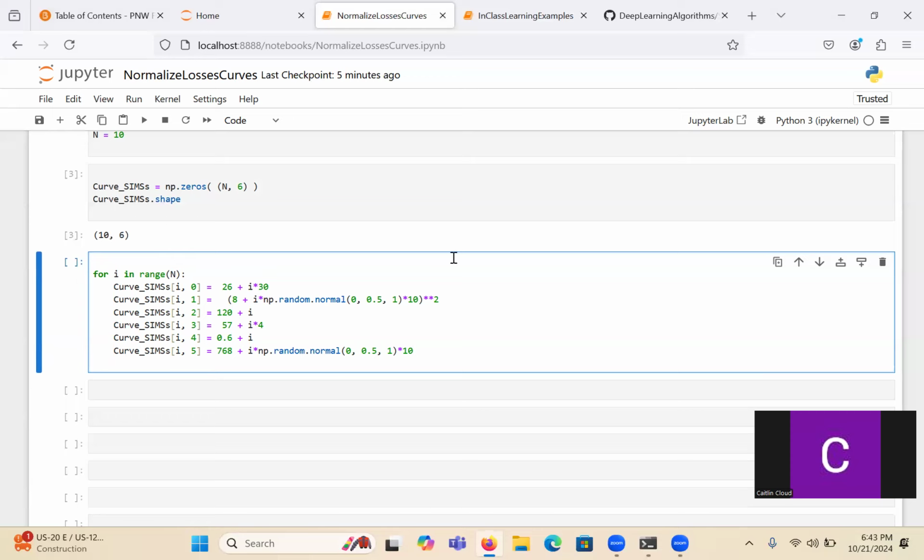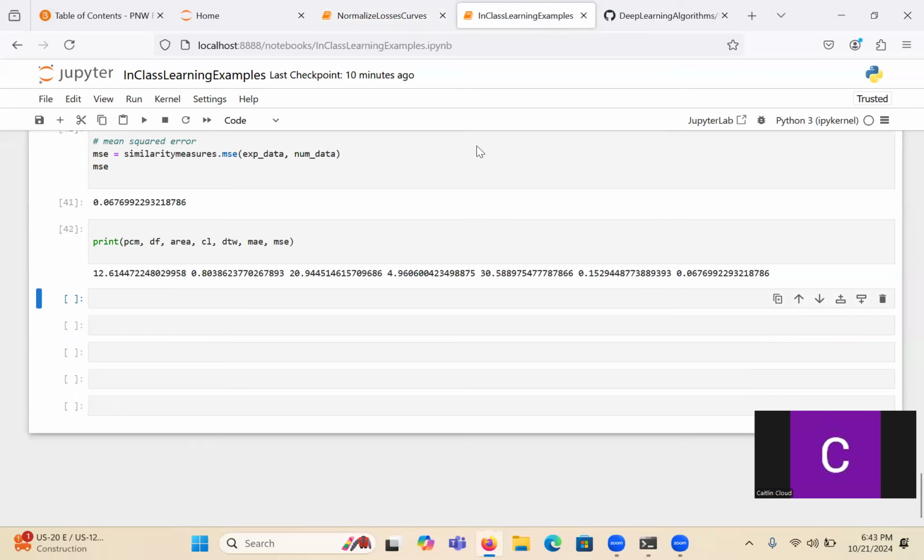And you guys saw from the previous example that they were in different scales, 12, 0.8, 20, and so on. But you did see that when they were far apart, the values were much higher. When I made them close to each other, the values were much lower. So obviously, there's information there. Do you guys see that?